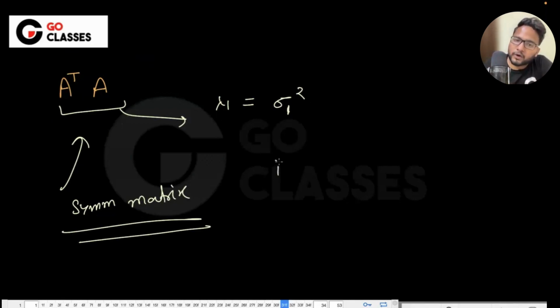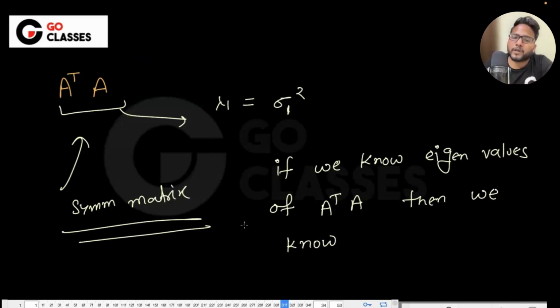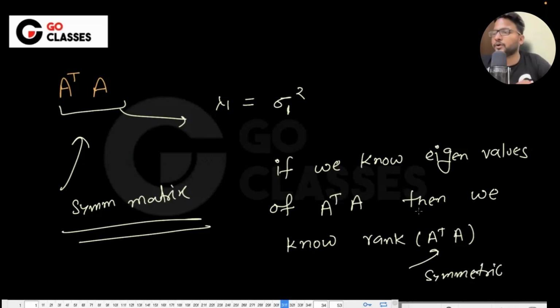If we know eigenvalues, then we know the rank of the matrix, right? I can directly say the rank, because A transpose A is symmetric. Let me know if that is fine to everyone. Okay, is this fine? Great.